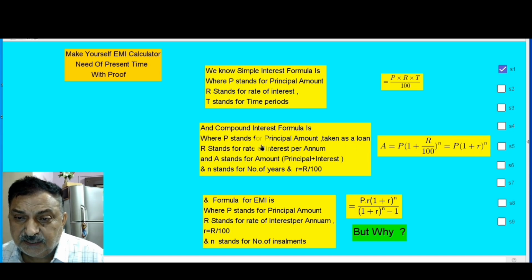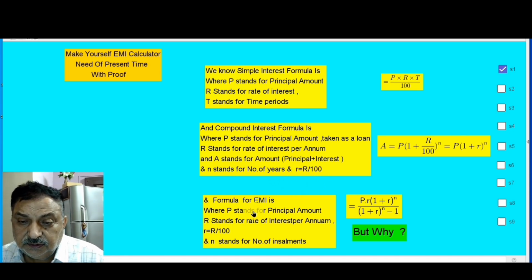where P stands for principal amount taken as a loan, R stands for rate of interest per annum, A stands for amount, principal plus interest included, N stands for number of years, and small r is equal to R over 100.